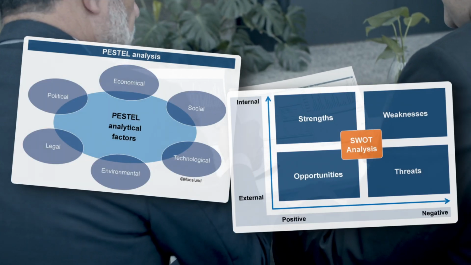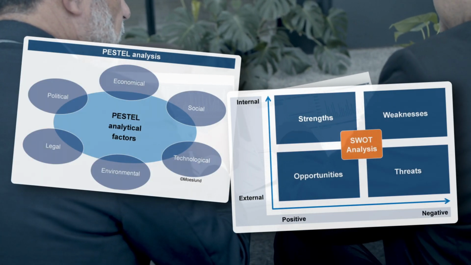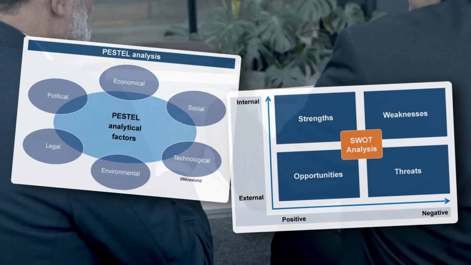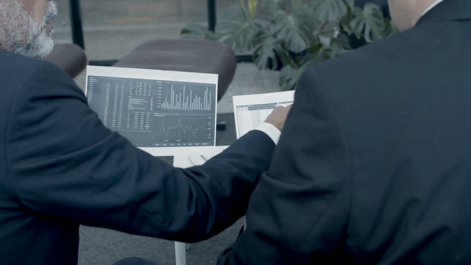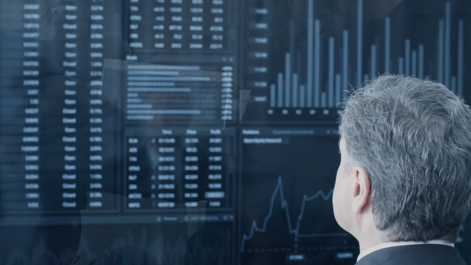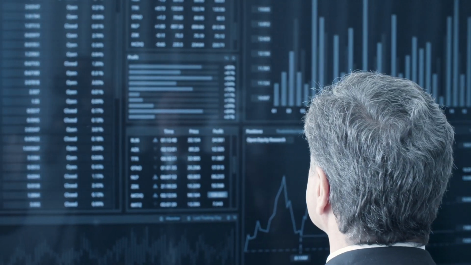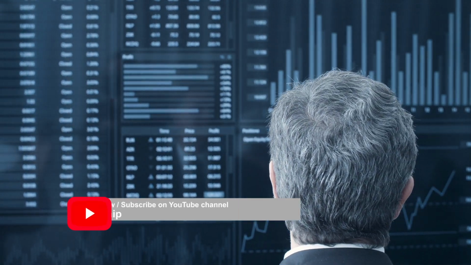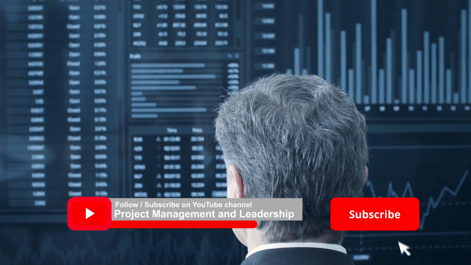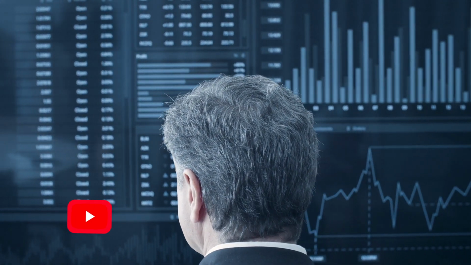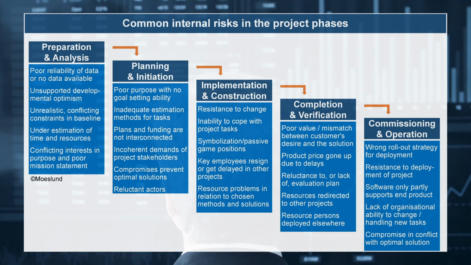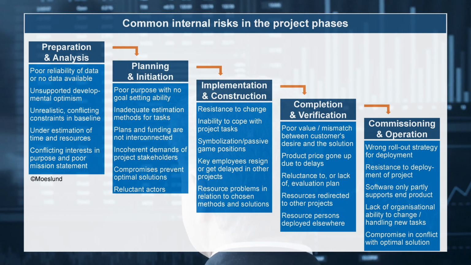In the risk analysis and assessment, we often see that PESTEL analysis and SWOT analysis are applied to assess threats in the surroundings and internal weaknesses. Each provides an overview of potential risks to be addressed and can provide valuable insight into the need for action. However, let's for now concentrate on the internal risks with an archetypal waterfall approach.